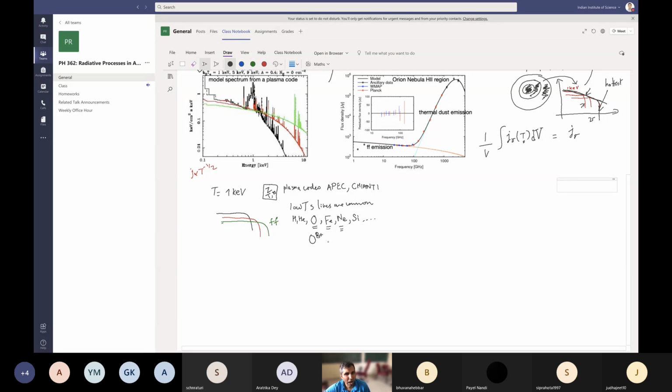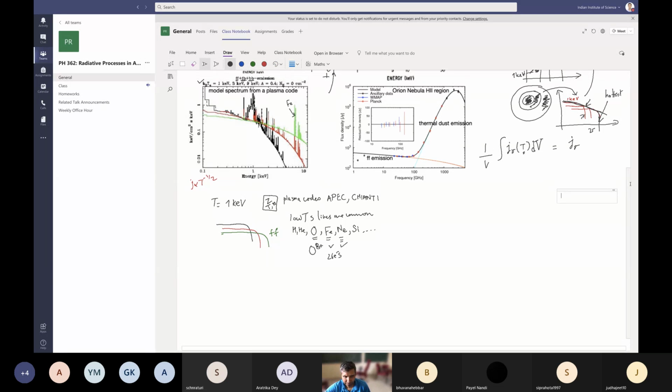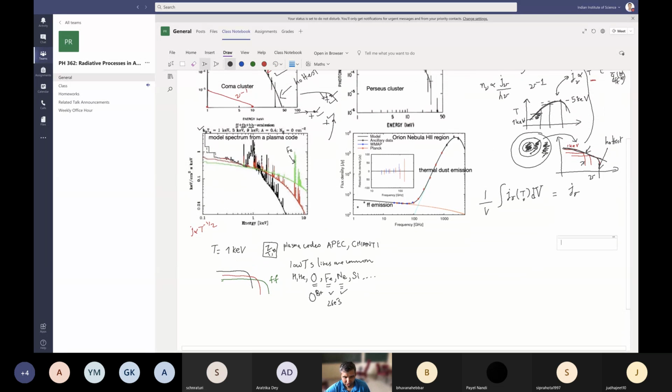As you go to higher and higher temperature, more and more of these ions become ionized, and these lines become very rare. This is only for iron, which has 26 electrons. So this is hydrogen-like or helium-like iron that can give these lines. Is this clear? So now you understand the qualitative nature of this curve?